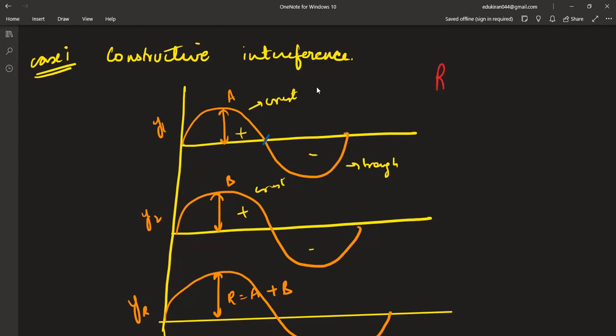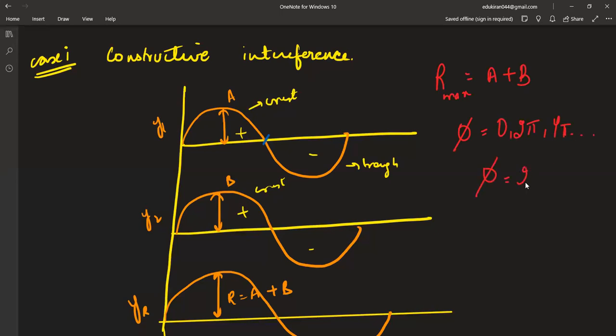So in constructive interference, one wave's crest combines with another wave's crest and results in a greater amplitude. That is A plus B. This is the maximum one. So the angles which are possible are 0, 2 pi, 4 pi, like this.